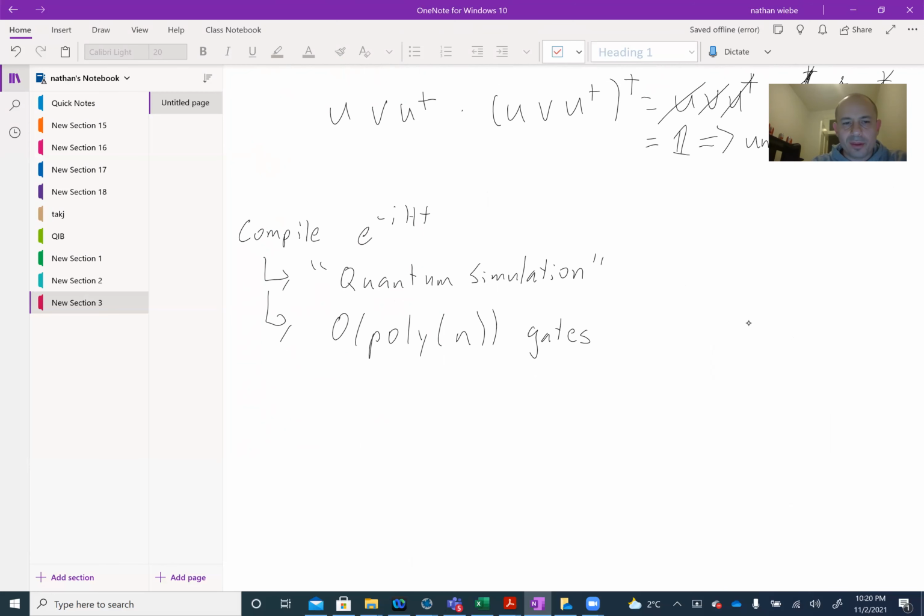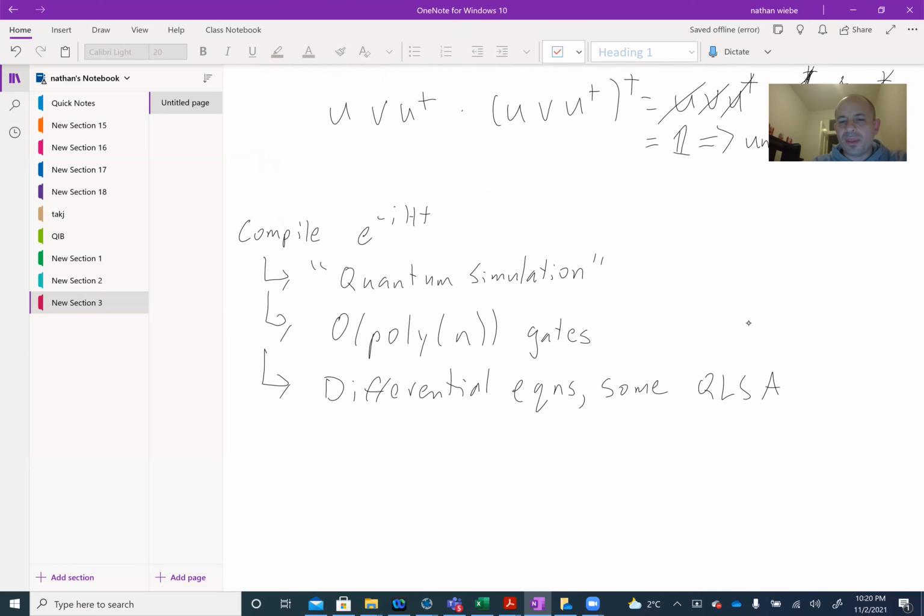I should also mention that this compilation task appears in some other contexts you wouldn't suspect. This ends up showing up widely in differential equations. It also ends up in some quantum linear systems algorithms work, especially before the quantum singular value transformation was discovered.